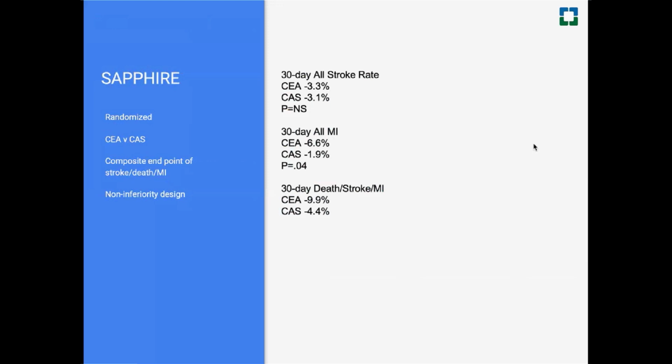This was a non-inferiority design, meaning it was to prove non-inferiority of the angioplasty and stenting, not necessarily superiority of one over the other. The 30-day stroke rate between the two was equal. The MIs were higher in the endarterectomies, and the stroke, death, and MI were therefore higher in the carotid endarterectomy and lower in the angioplasty and stenting, favoring angioplasty and stenting.